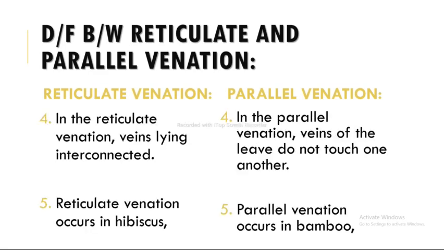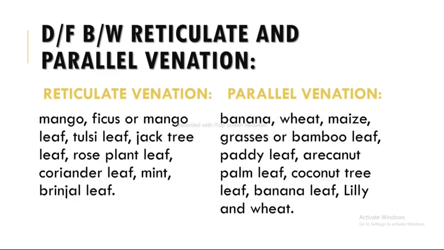On the other hand, the parallel venation occurs in the bamboo, banana, wheat, maize, grasses, paddy leaf, arecanut palm leaf, coconut tree leaf, banana leaf, lily, and wheat.